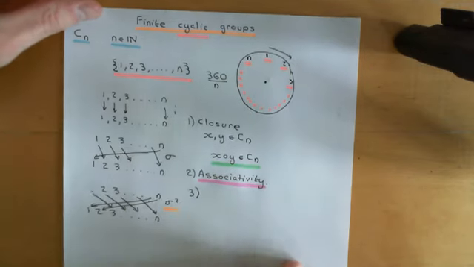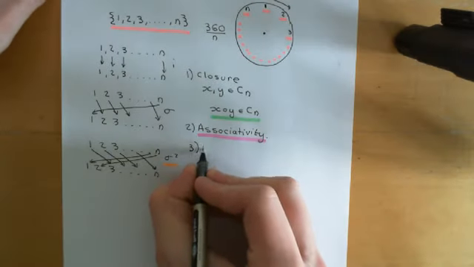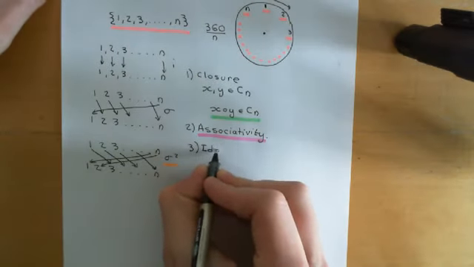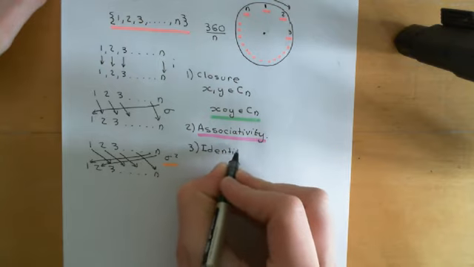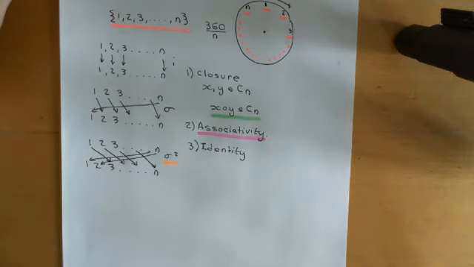Right, so the third axiom of group theory then, we need to have an identity element within the group. We need an element which will compose either on the left or the right with any other element just to give that arbitrary other element back again.